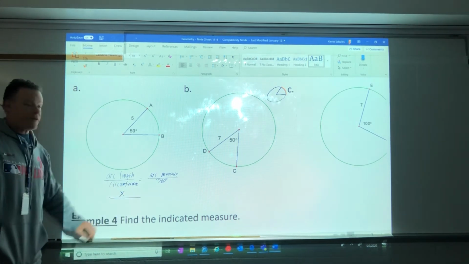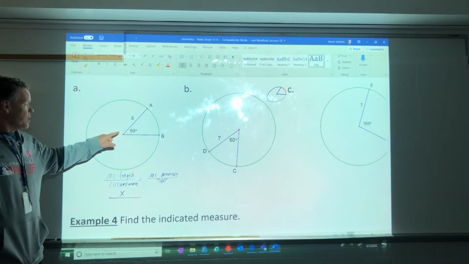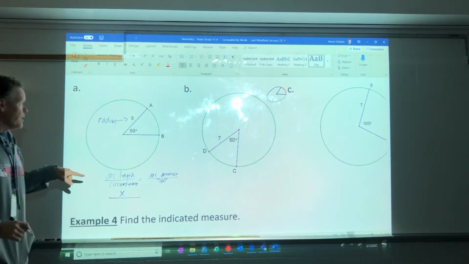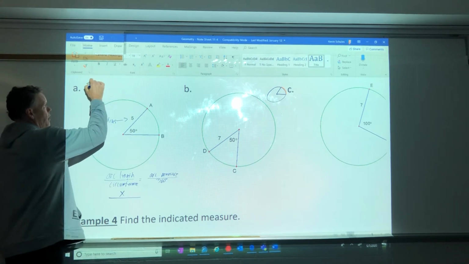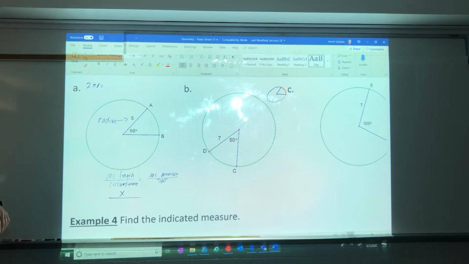Our circumference, we have to find that, okay? And we know how to find the circumference if we're given the radius right here. Our circumference is going to be 2 pi r. Okay, that's going to equal our circumference.